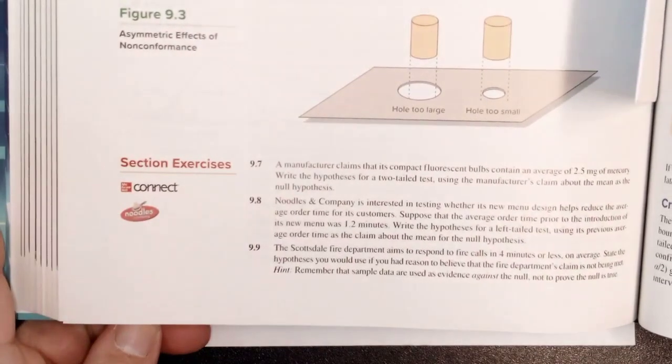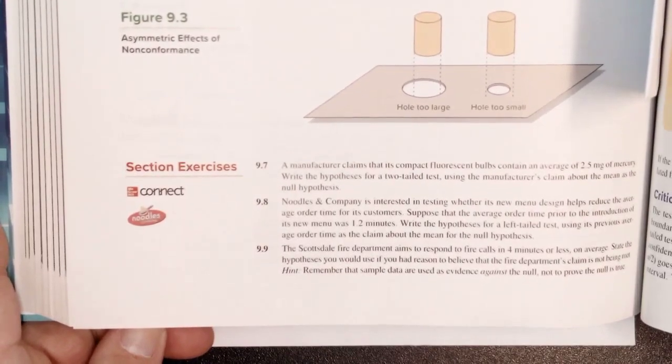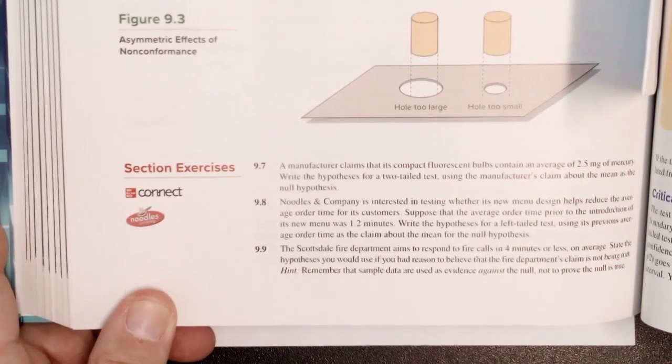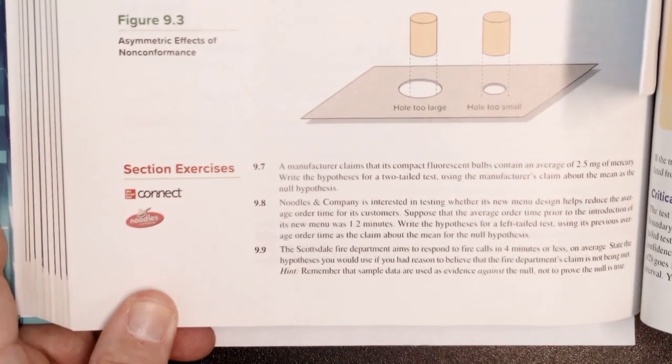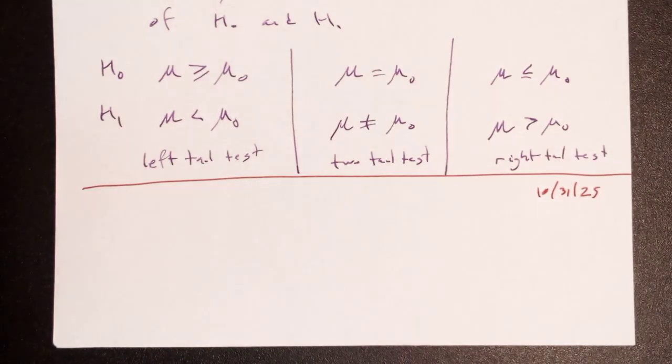Page 326, problem 7. A manufacturer claims that its compact fluorescent bulbs contain an average of 2.5 milligrams of mercury. They contain an average of 2.5. My null hypothesis is everything's okay, we're correct. How would I write that? Left, two, or right?